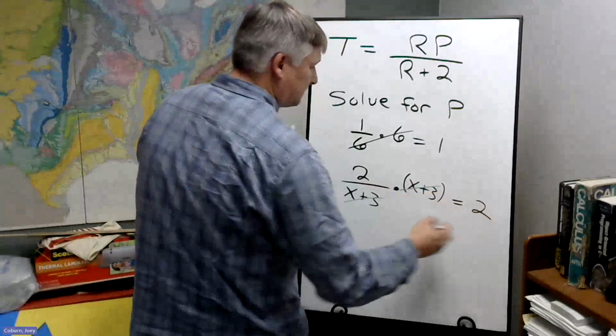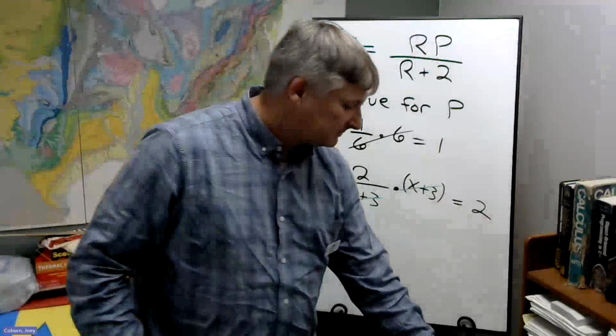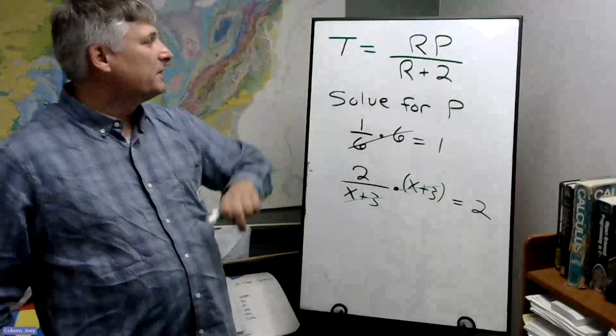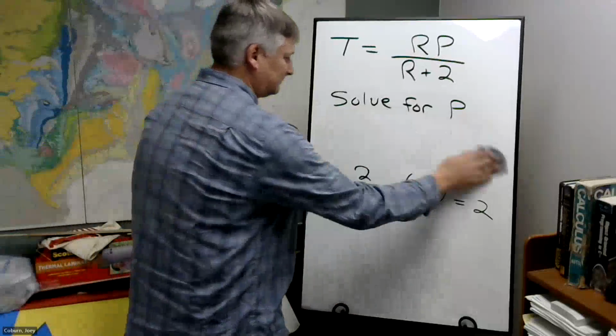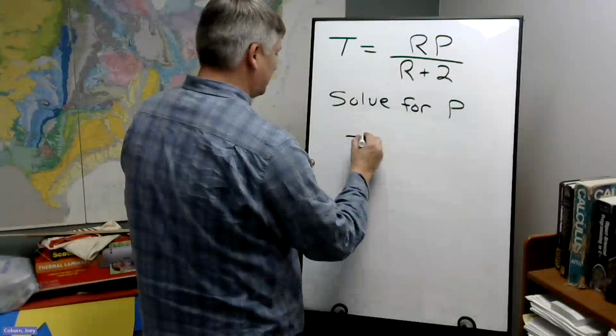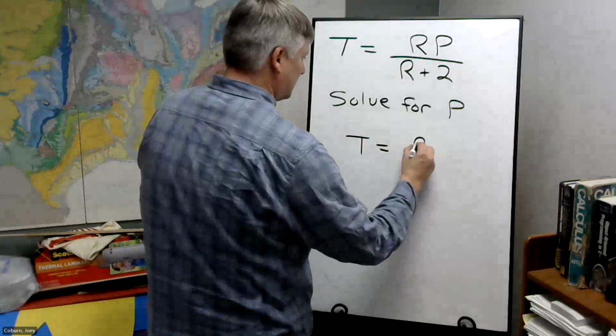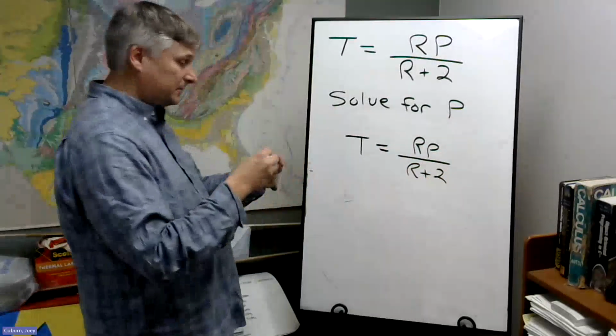We're left with 2. So using this trick, we're going to get rid of the r plus 2 in the bottom there, so we don't have fractions. So we'll multiply by r plus 2.